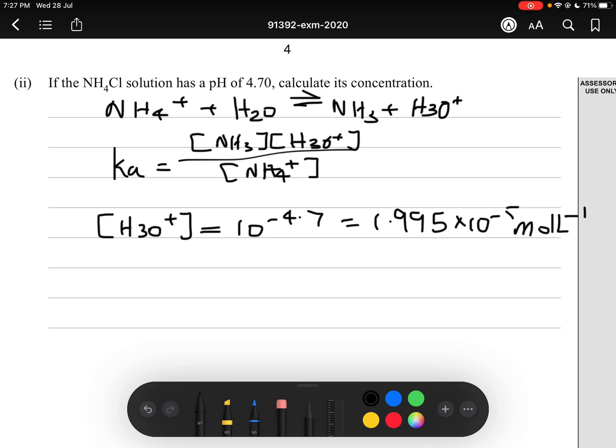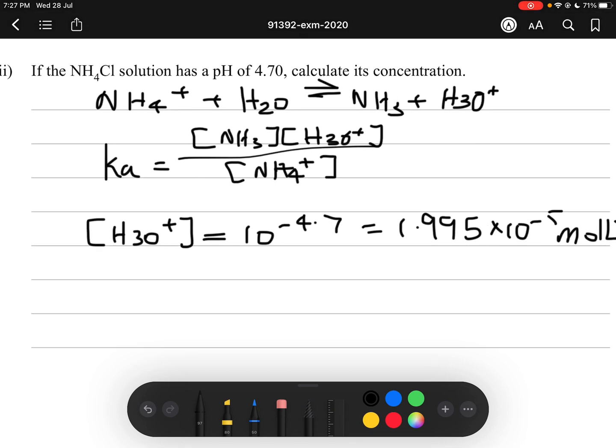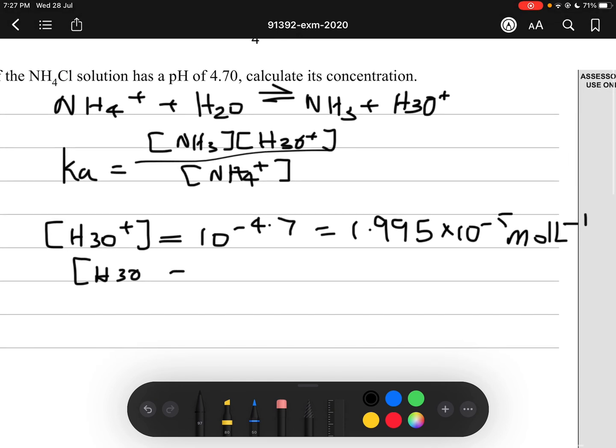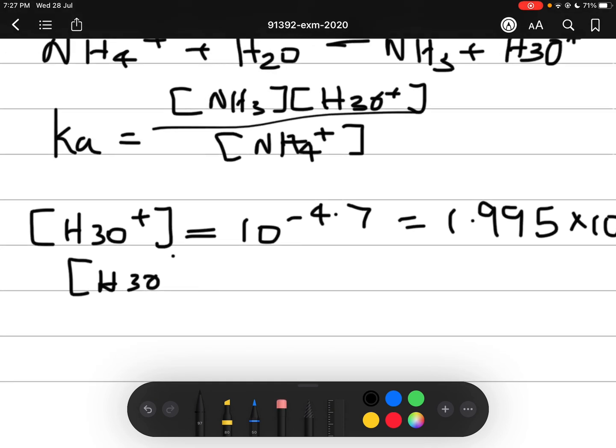And we can say that the only hydronium and the only NH3 that's created is from this reaction of NH4 plus with water. So therefore we can say hydronium concentration is equal to that of NH3. Sorry if I can't write it properly.